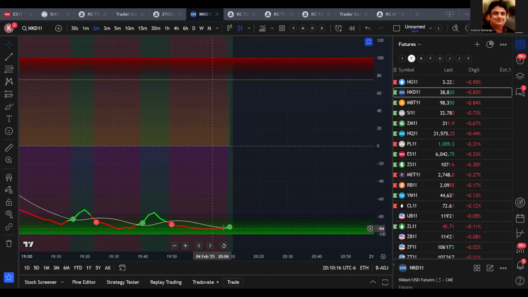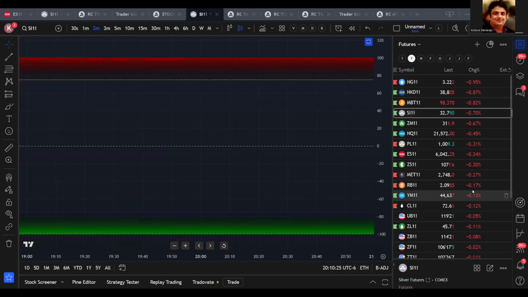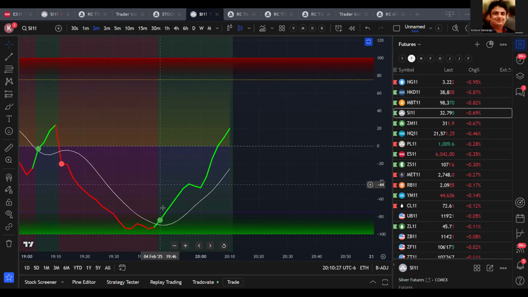NKD is consolidating at the bottom. That means in a few minutes it may start going up all the way. Then silver. Silver is bouncing up. Overall it is bearish, but it has started bouncing up. Again, it may go to the top and start dropping.